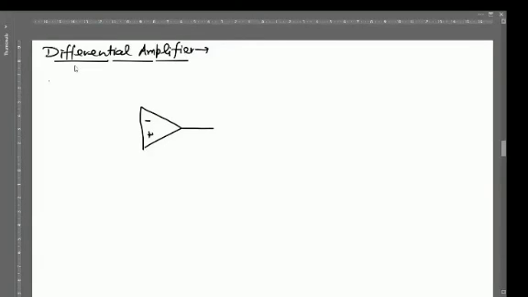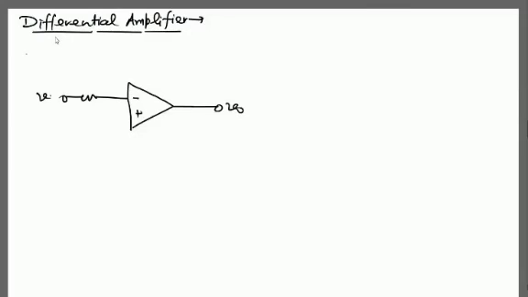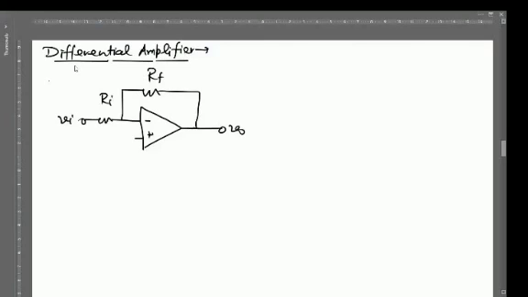Minus, plus. This is V naught. Suppose we are applying V1. This is Rf, this is Ri, and here we are applying another voltage through Ri. This is V1 and this is V2.